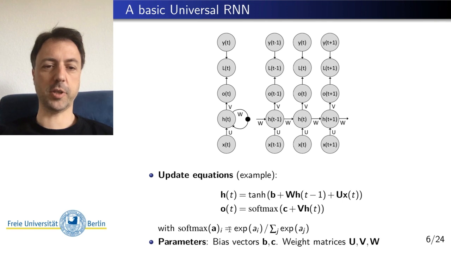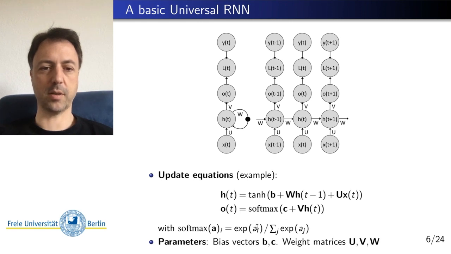The softmax function is defined here. We have used it before, but I think we haven't explicitly defined it on a slide. So basically for every output neuron in the layer that we use the softmax on, we take the exponential of the activation and we divide by the sum of exponentials of all activations.